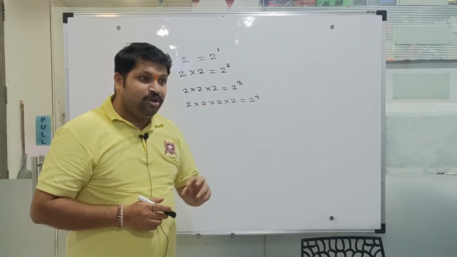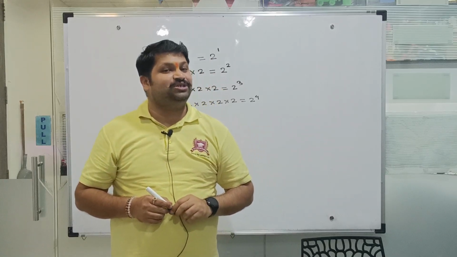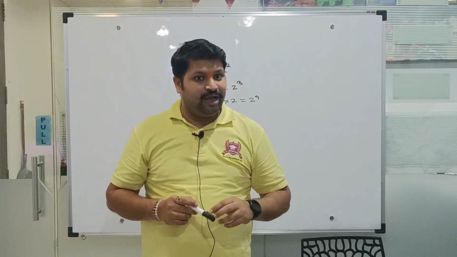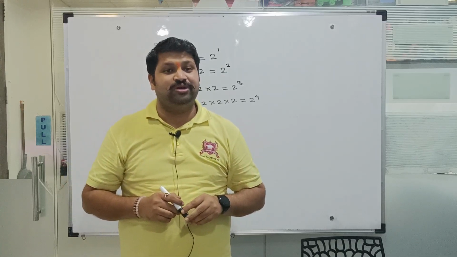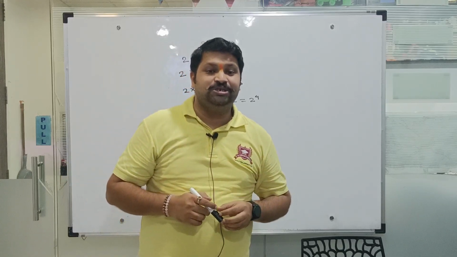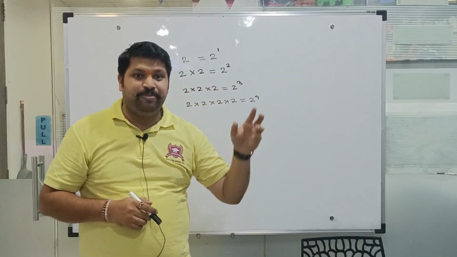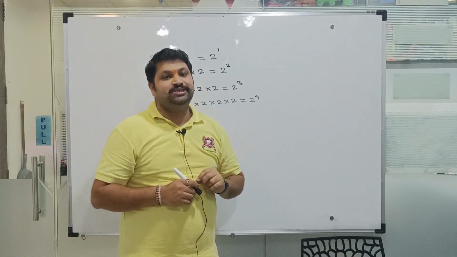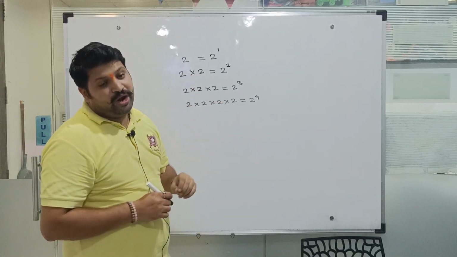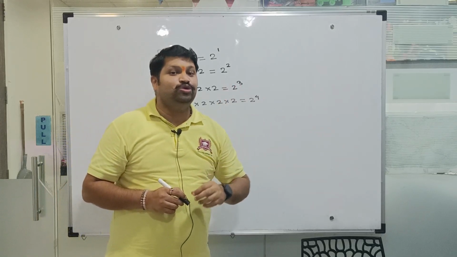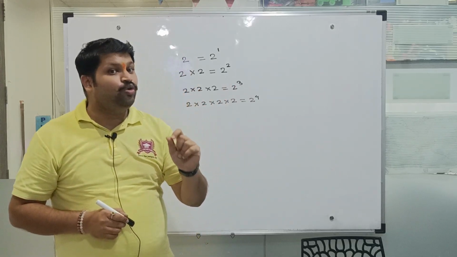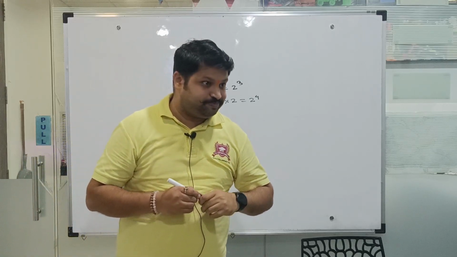Okay. Now what happens when the index is 0? This is something very crucial again to remember. It needs to be remembered throughout your educational journey, because in many places where we have mathematical reasoning and logic, we do end up having 2 to the power of 0 or 5 to the power of 0 or 10 to the power of 0, and you need to know what that would be.